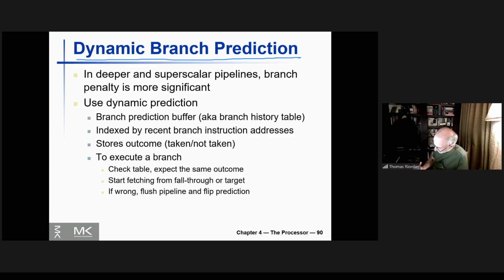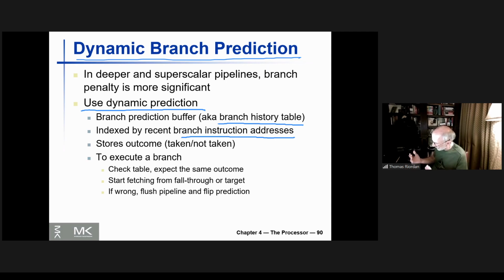And here's what dynamic branch prediction does. So we have this thing that most people call the branch history table. And the address into the branch history table is the branch instruction addresses. So that's what we're gonna look into the table with, the address of the branch, because that means we've been here before.